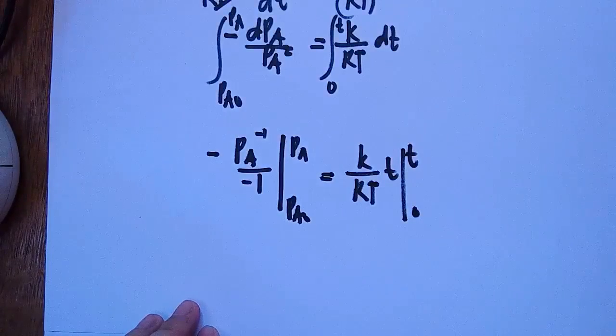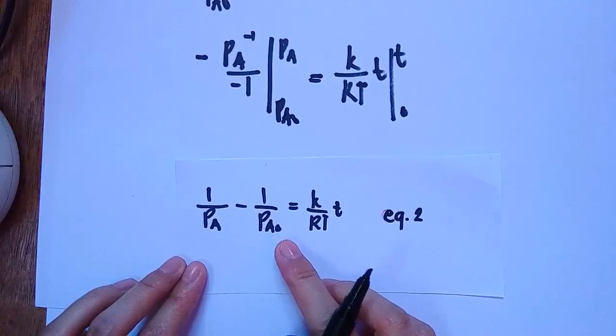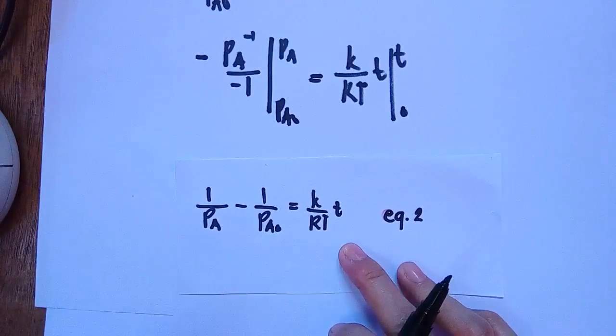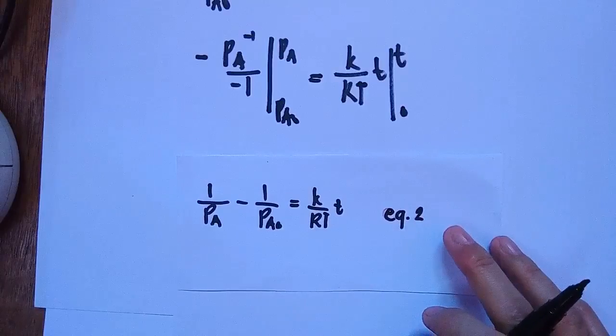Now we have our equation 2, which is 1 over PA minus 1 over PA naught equals k over RT times t. This is the rate equation in terms of pressure.